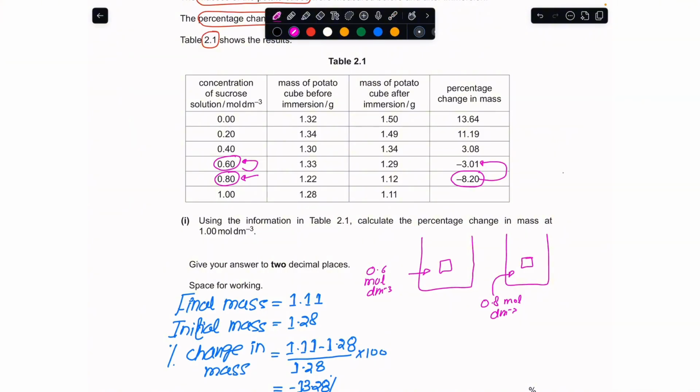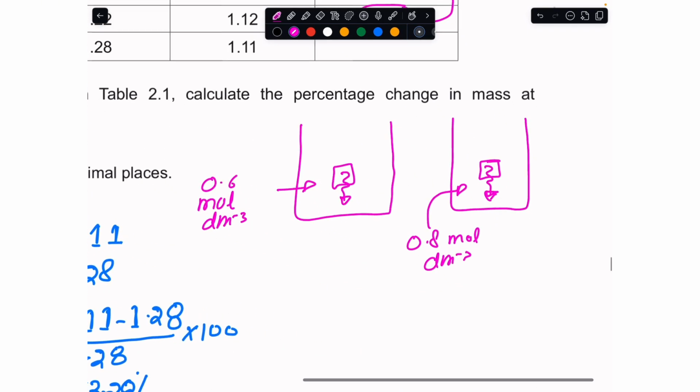This simply implies that the water has moved out of the potato cubes into the surrounding solution, because in the surrounding solution the water potential is low, and in the cubes the water potential is high. So the water would move out of the cubes into the surrounding solution, and that is the reason we see a percentage decrease in the mass.